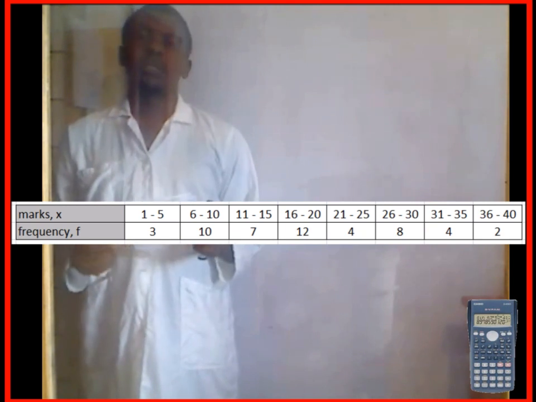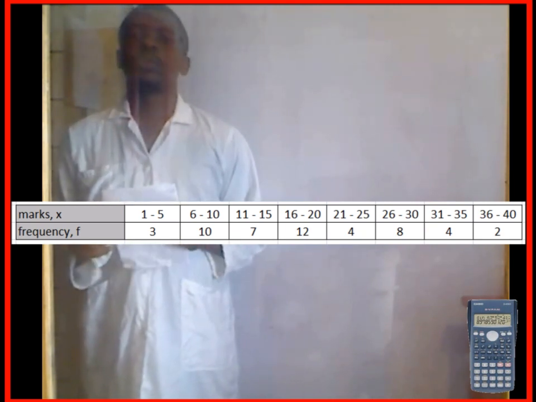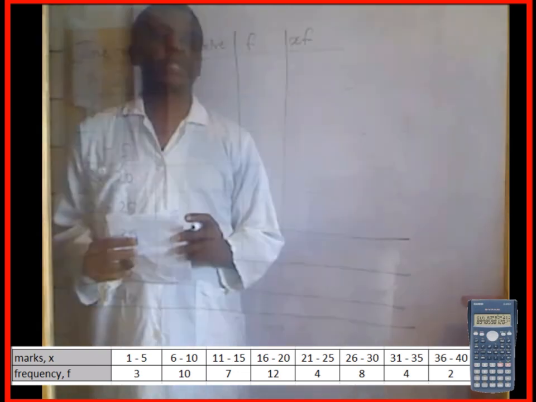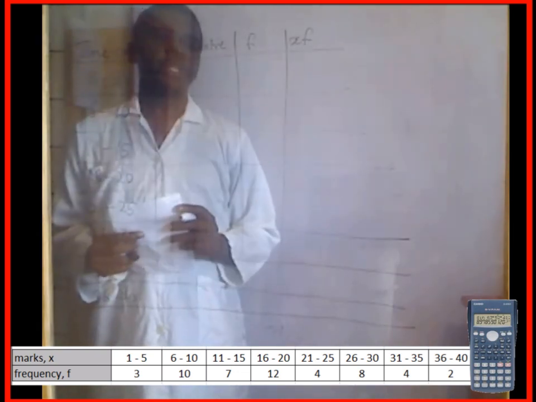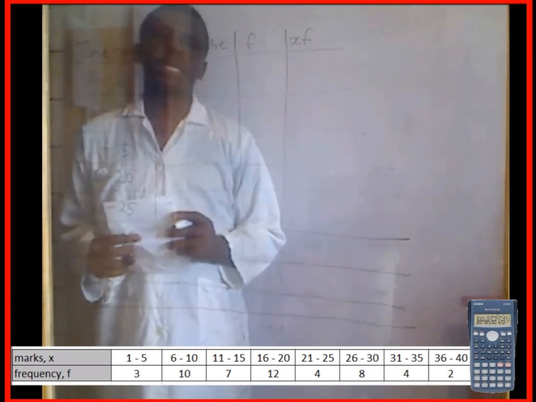We are given this frequency table that contains group data. To find the standard deviation, what do we do? Here we are going to look for the mean. I shall start by looking for the mean. So here I draw up a table and I'll need to calculate the class center.